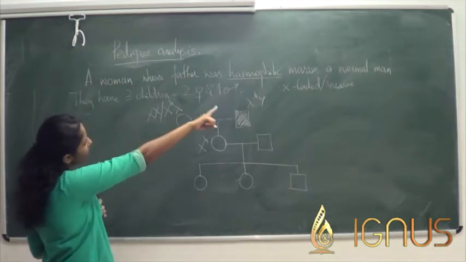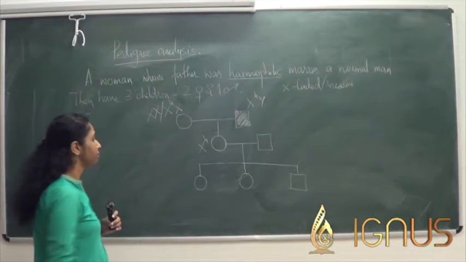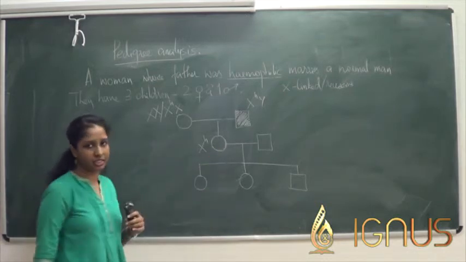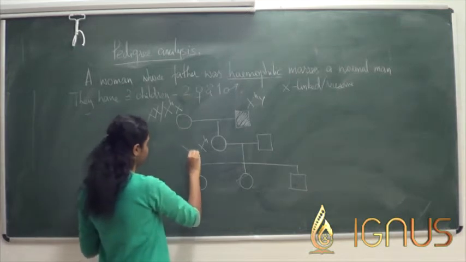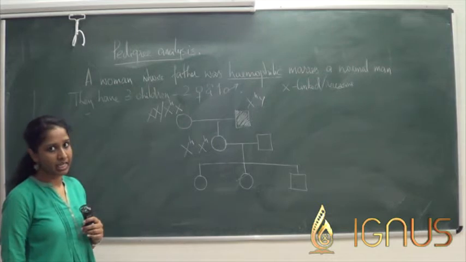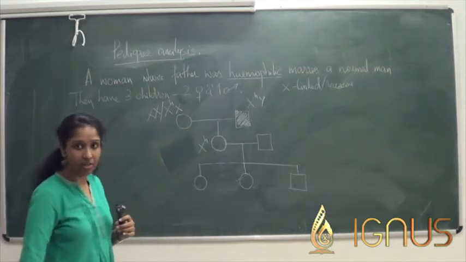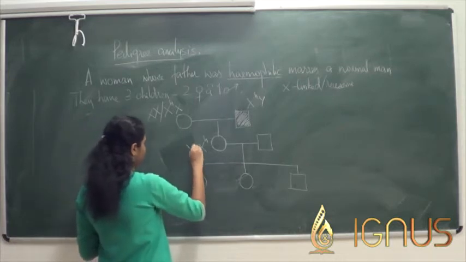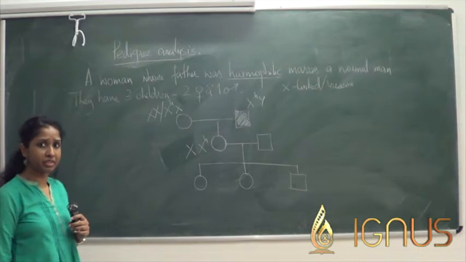So it says a woman whose father was hemophilic marries a normal man, they have 3 children. So it does not say whether or not the woman is affected. So it can happen that she is affected because she is getting the recessive trait from her mother, or she cannot be affected because she is getting a normal trait from her mother.